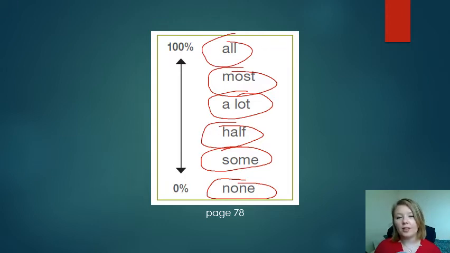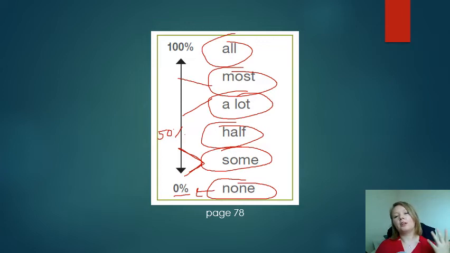So if we give these a percent, right, a number, none is 0%, half is 50%, and the other words are somewhere in the middle. Some could be anywhere between 1 and 49%, and a lot could be 51 to 99. Same with most. So these are words we can use to talk about all kinds of things about quantity.